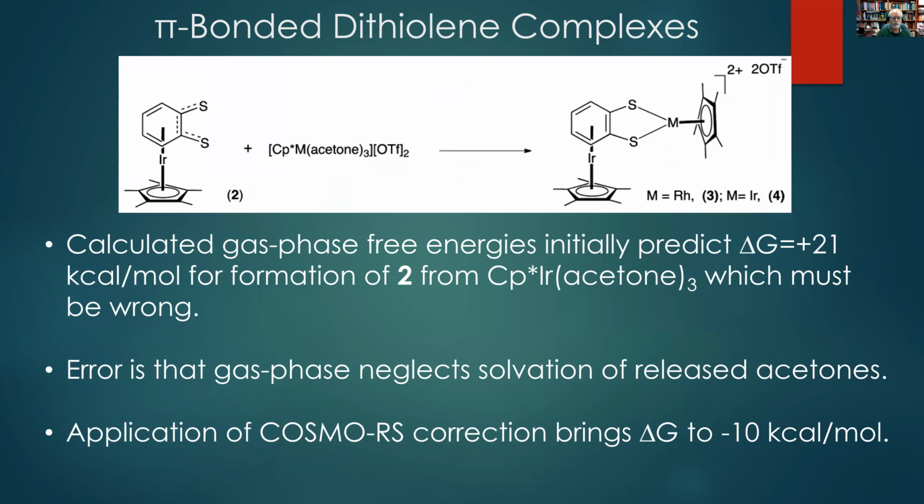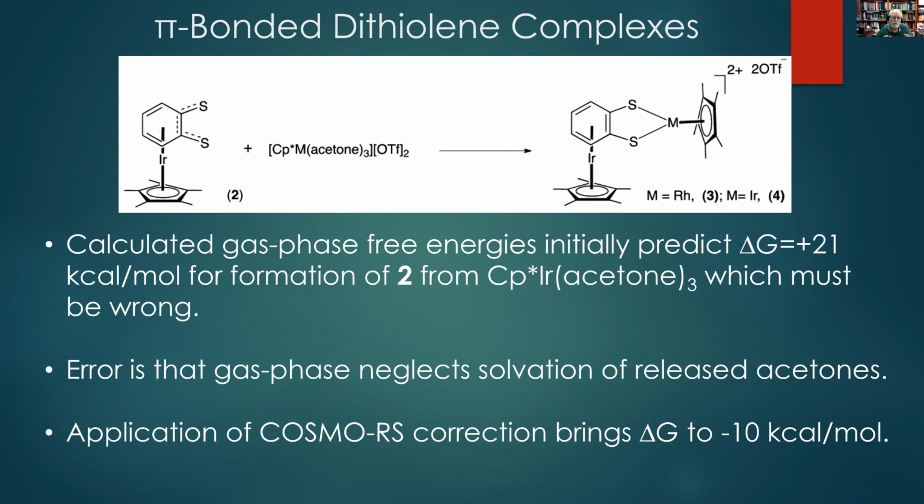I also wanted to point out that this is a case where we had to be careful about solvent effects. Hani was curious about the reaction that actually formed molecule 2 here from a starting material, where instead of this dithiolene ring on the top, the iridium was covered with acetone solvent molecules.